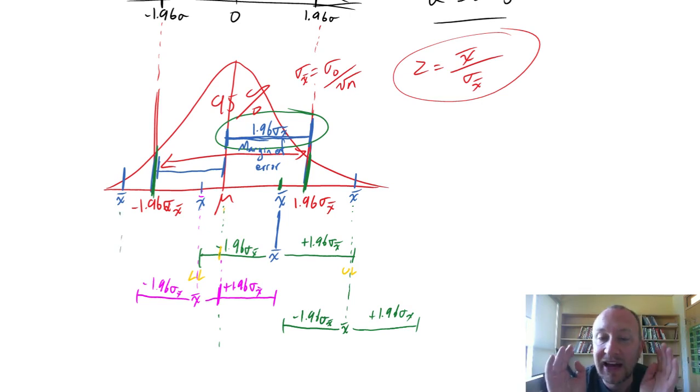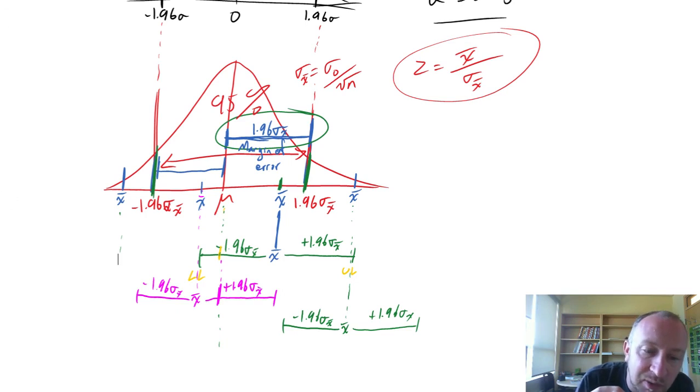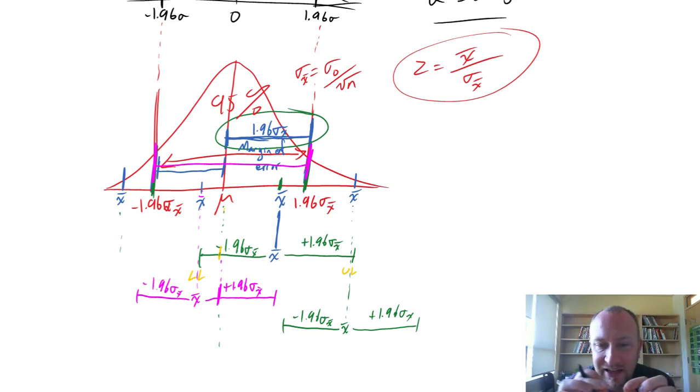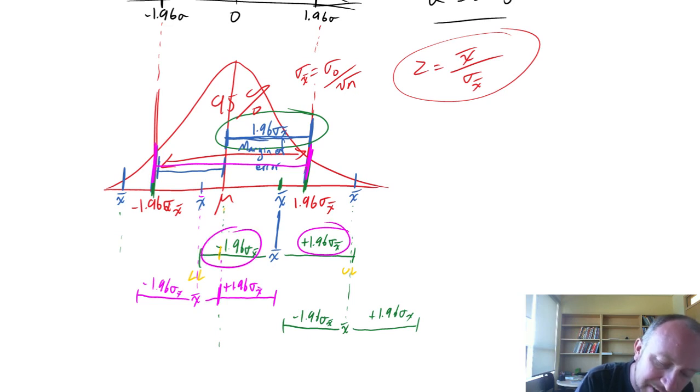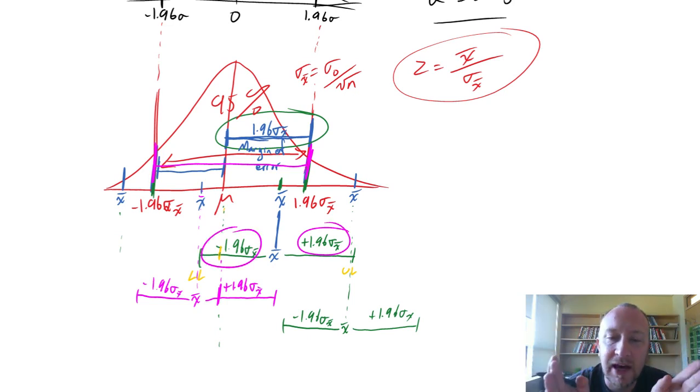But I know that 95% of the time I will draw a sample whose mean falls between these two values, which means that if I construct an interval estimate using that margin of error, 95% of the time that interval will contain the true population mean.